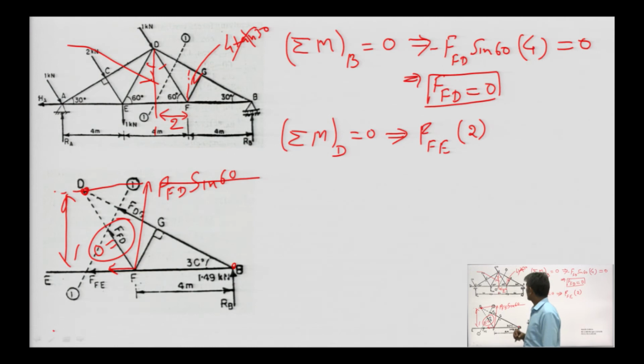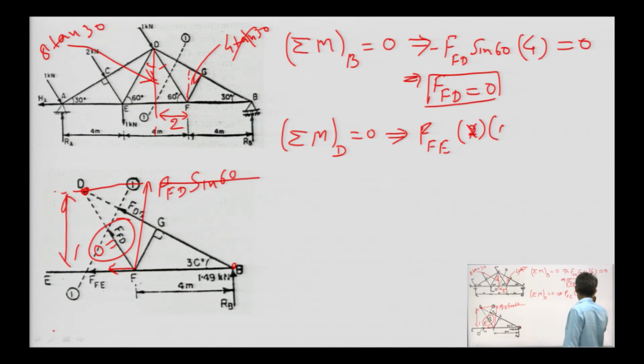This value will be 4 plus 4, 8, so it is 8 tan 30. So, it is not 2, it is 8 tan 30.